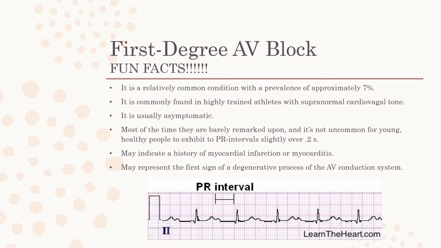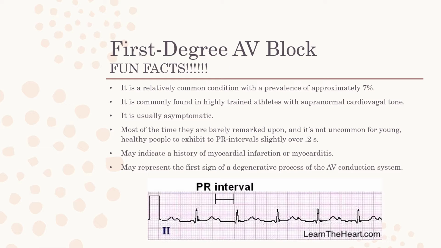In other words, their heart rates are usually in the 40s. It's usually asymptomatic. Most of the time, we don't even remark about it other than to say there's a first degree AV block. It's not uncommon for young, healthy people to have PR intervals slightly over 0.2 seconds.